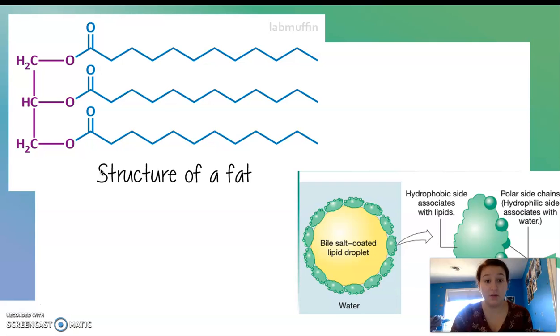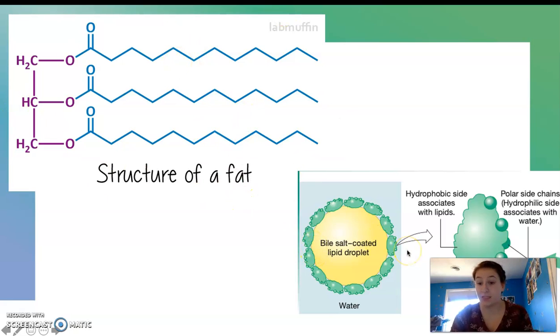It loves fats, of course, since it is a fat, and hates water. This causes problems because in the duodenum or small intestine there are a lot of different secretions and water, so the structure it's in right now is not the most ideal for digestion.